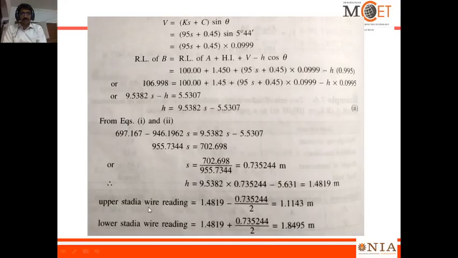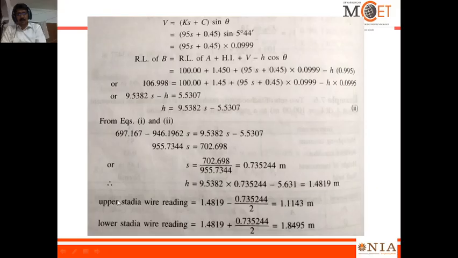The upper stadia reading is equal to 1.4819 minus, the staff stadia intercept is full top minus bottom, the half we have to subtract, you will get 1.1143, and if you add, you will get the top reading. This is the bottom reading and this is the middle reading, right?